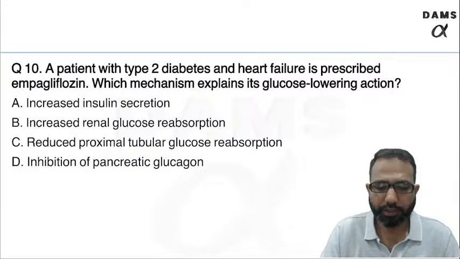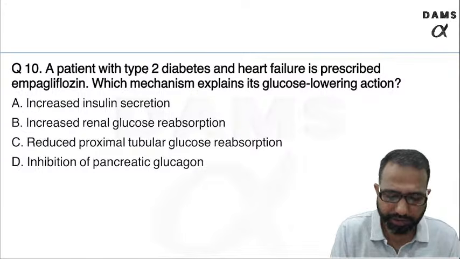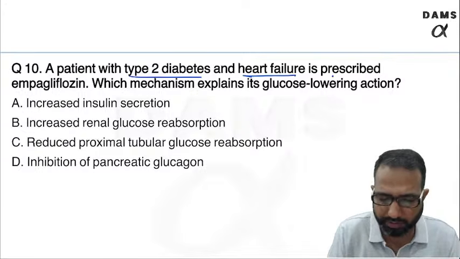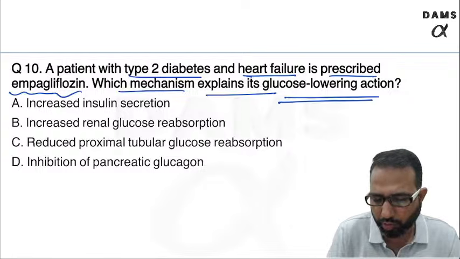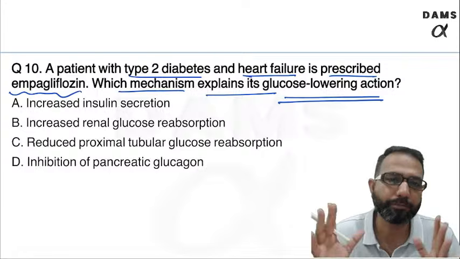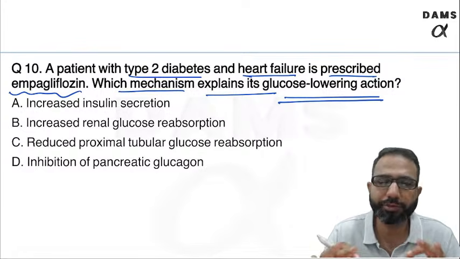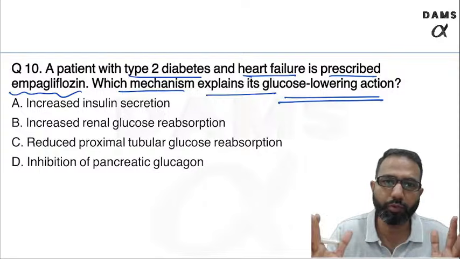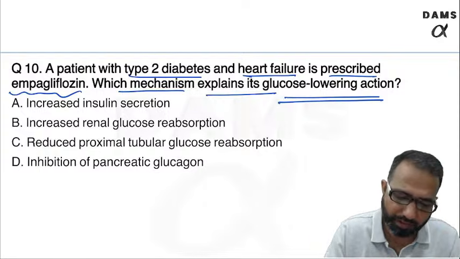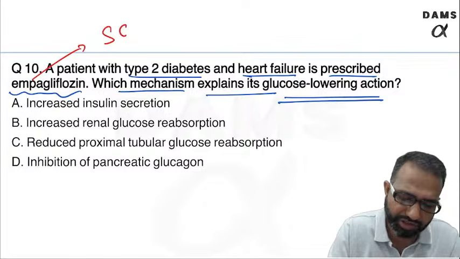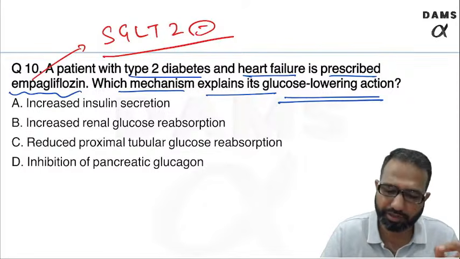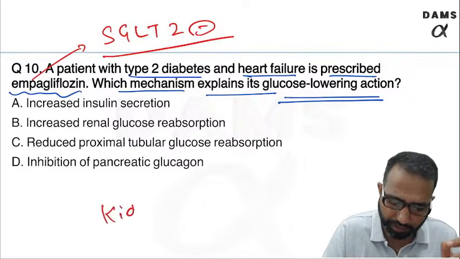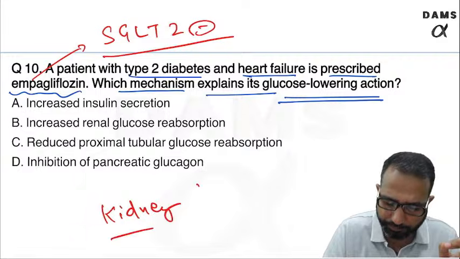Okay, let's see the next question. A patient with type 2 diabetes and heart failure is prescribed empagliflozin. Which mechanism explains the glucose lowering action of empagliflozin? Always remember the antidiabetics with the suffix gliflozin. These gliflozins are SGLT2 inhibitors, acting on sodium glucose transport in the kidney at the PCT level.